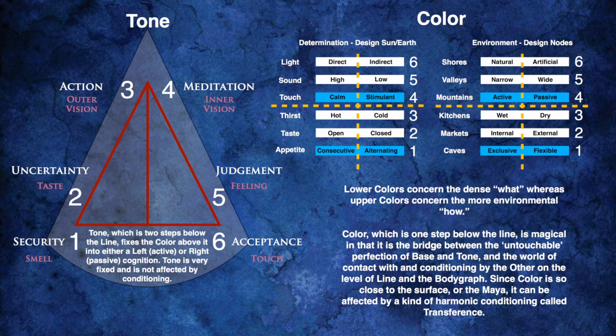But we need to understand the nature of appreciation within our native color. With the 1, it's about appetite and having deep appreciation for things unto themselves, and being able to take that appreciation all the way to a satisfactory level and then moving on to the next thing, either consecutively if it's left fixed or more alternating if it's right fixed. But the appetite for the 1 can be quite voracious.